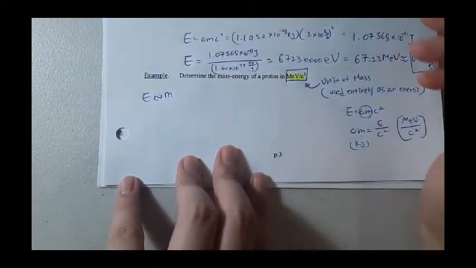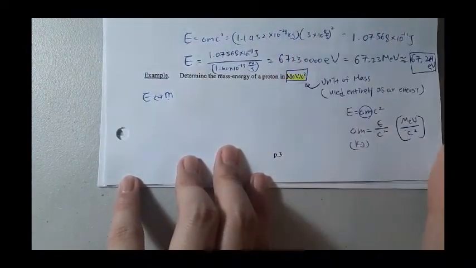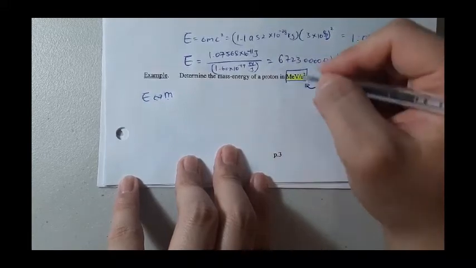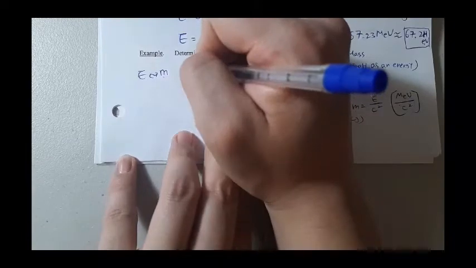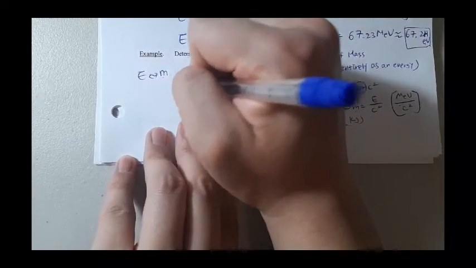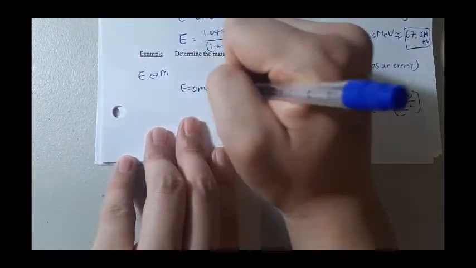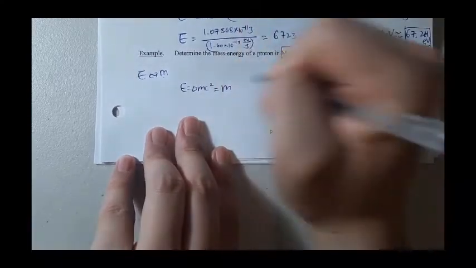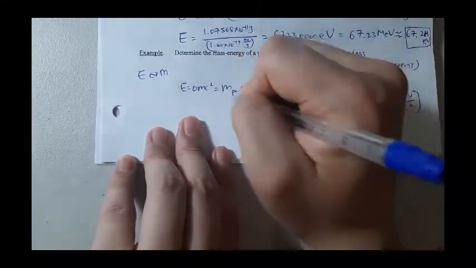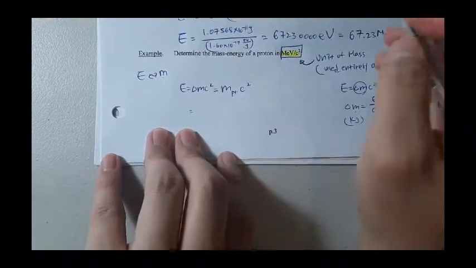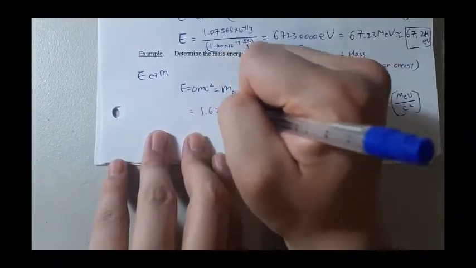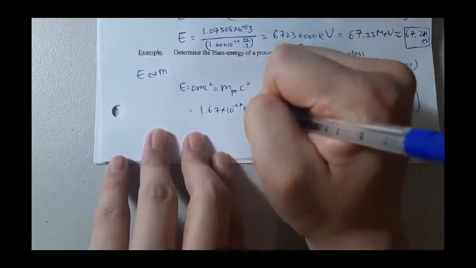This is a fancy way of saying finding out the energy format, and we're gonna express that in mass unit. So here's what you can do. We know that E equals delta m c squared, and delta m is basically m of proton, assuming that the entire mass is contributed to energy.